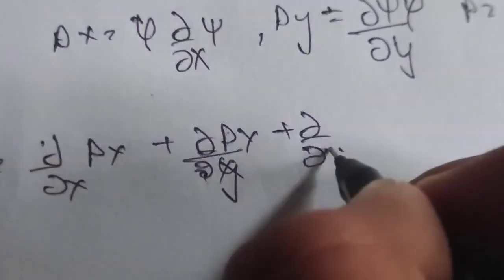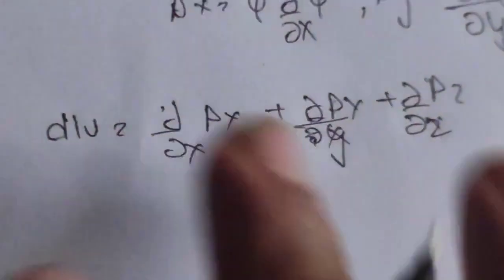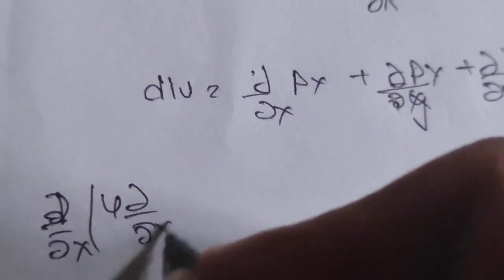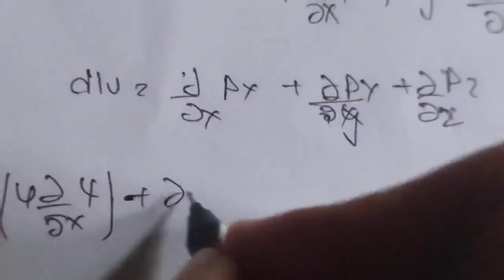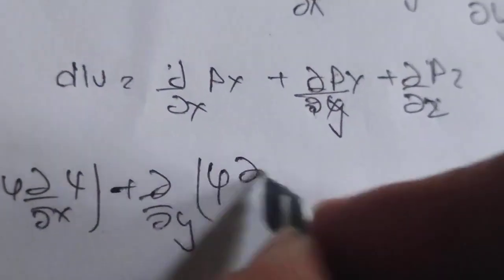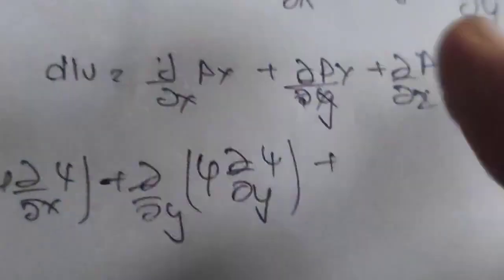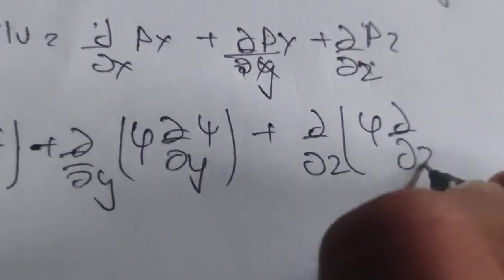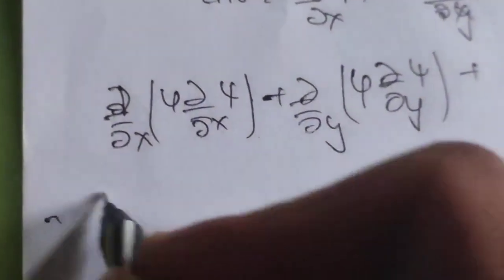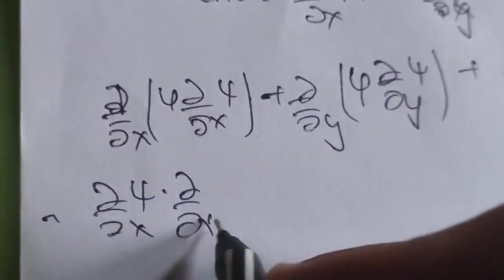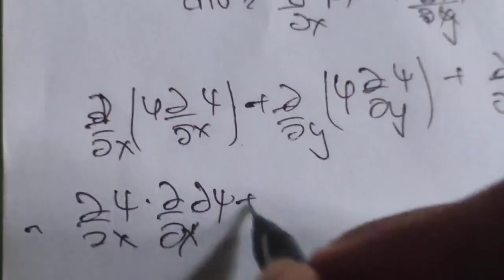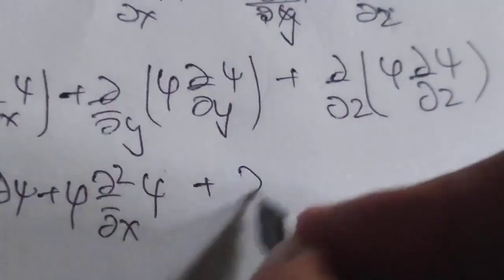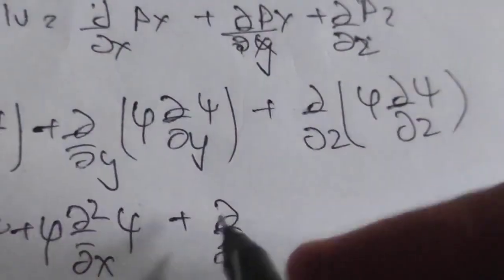So if we put in the values, we get del by del x of phi del psi by del x plus del by del y of phi del psi by del y plus del by del z of phi del psi by del z. Now using the chain rule, it becomes phi del squared psi by del x squared. The chain rule is also applicable here, as we discuss in the vector calculus videos.